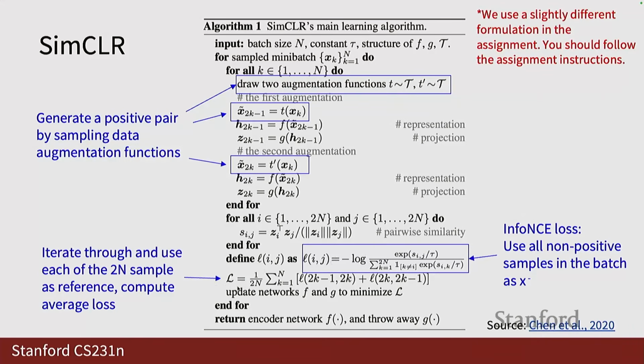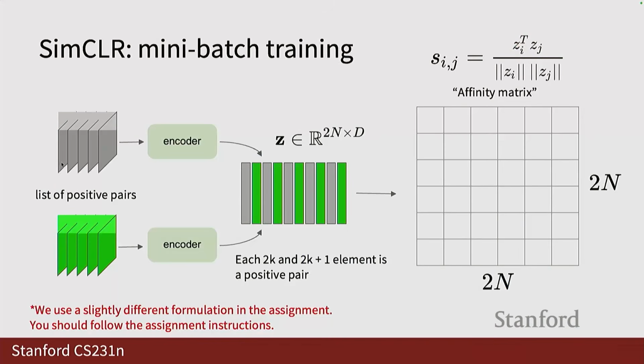And this is what we iterate, because each sample has 2N multiplied by the N samples that we have created. So what happens is we take a list of images in the mini batch, in the batch that we have, and pass them through the encoder for both variations of the same image.